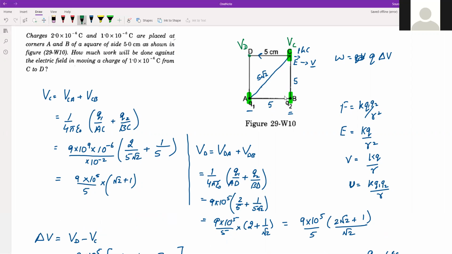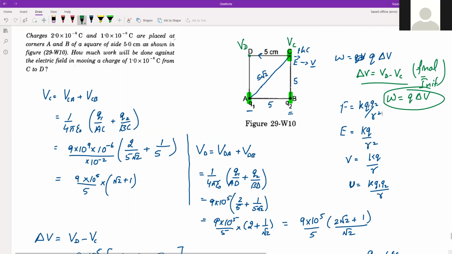A charge is moving from C to D, so there will be a potential difference between C and D. You find that potential difference, that is VD minus VC, final minus initial. Delta is always final minus initial. So you find that delta V and the work done will be equal to Q delta V. So that's how we solve such problems.